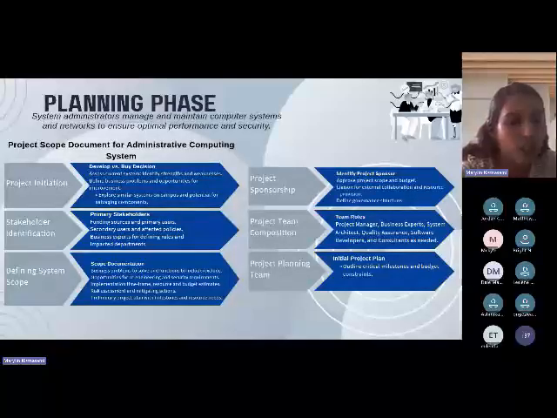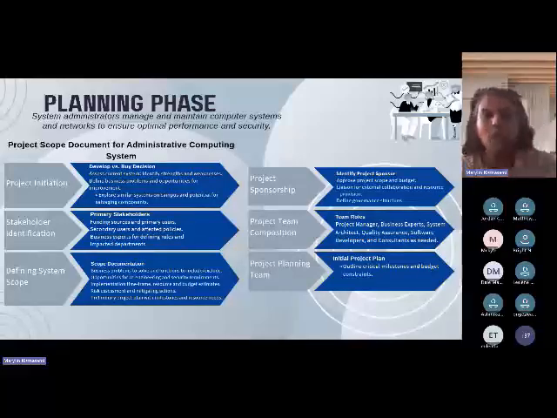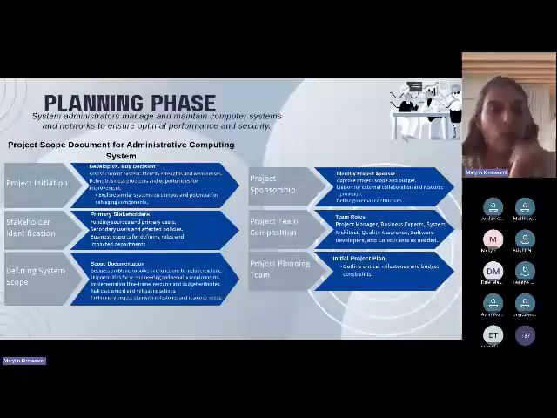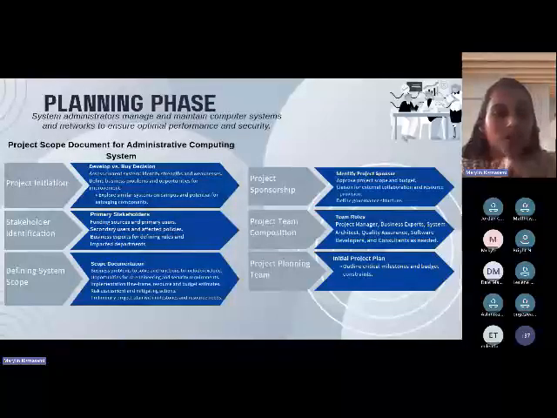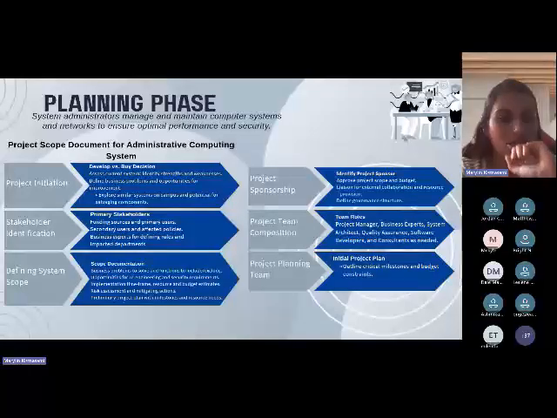Okay, so if you look at the stakeholder identification, you identify the primary stakeholders. So these are the key players who will influence or are affected by this project. You identify them early enough to ensure that you can secure the support needed and you understand the requirements of that department. And then funding authorities.